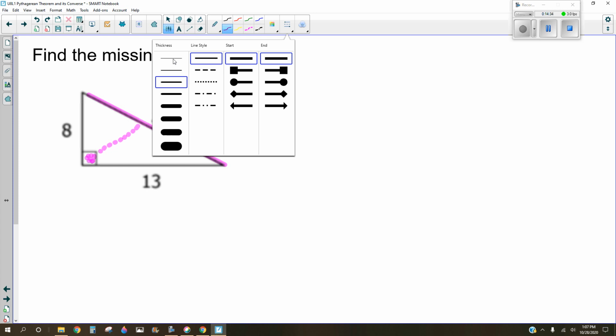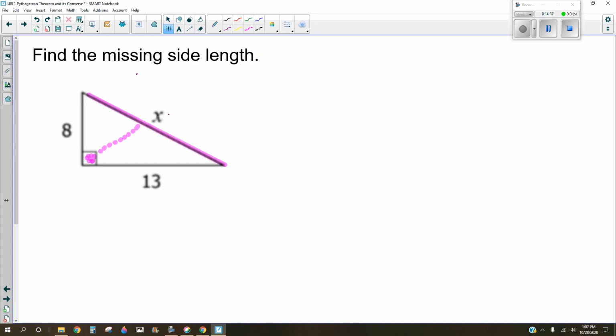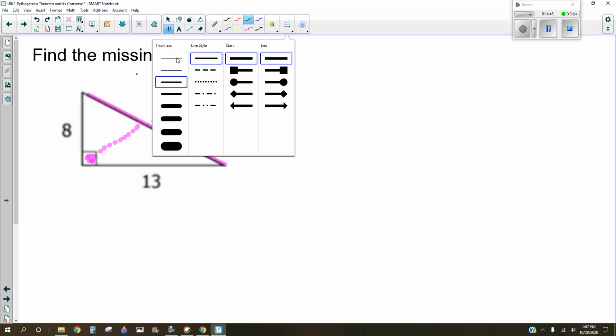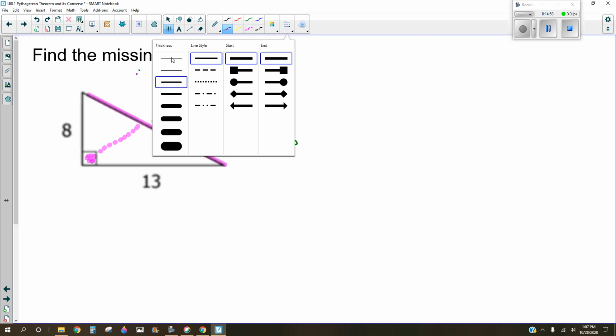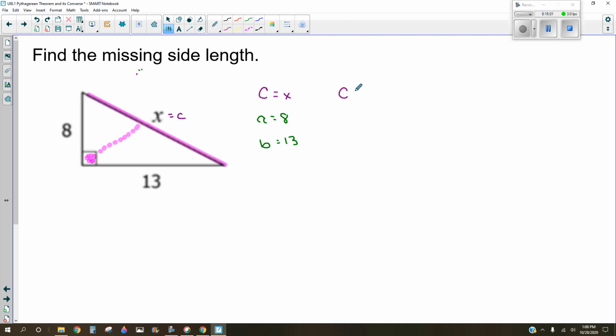So I know that I'm missing side C. All right, so since I'm missing side C, I know that the other ones are A and B. So I'm going to put this into the equation that tells me what C is, okay? And that equation that told me what C was: C equals the square root of A squared plus B squared.